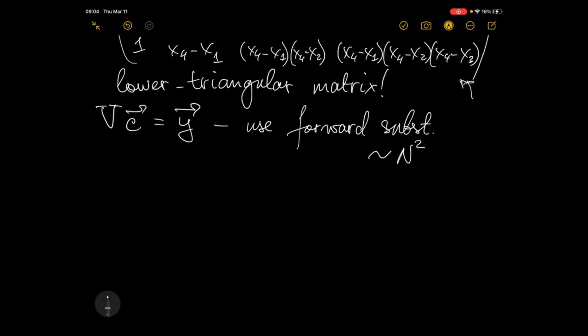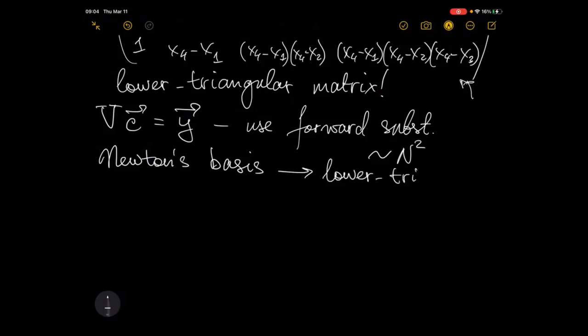So Newton's basis leads to a lower triangular Vandermonde matrix.